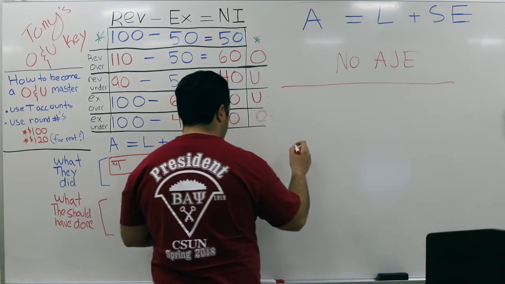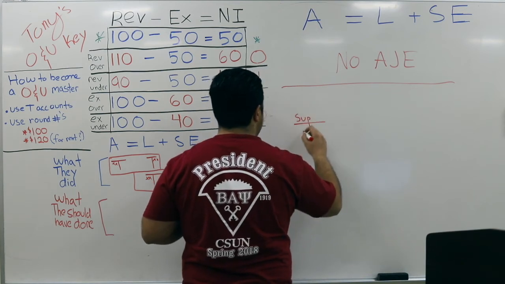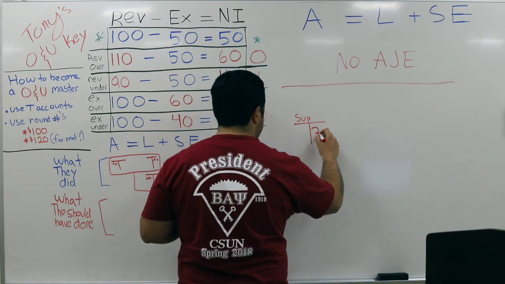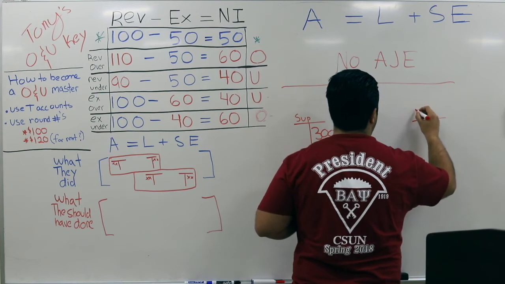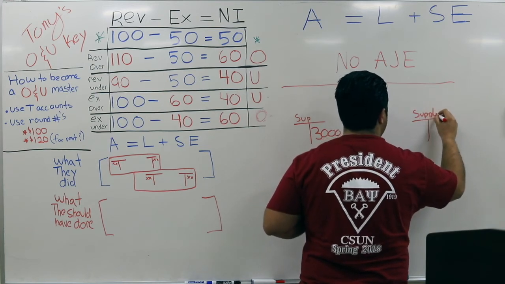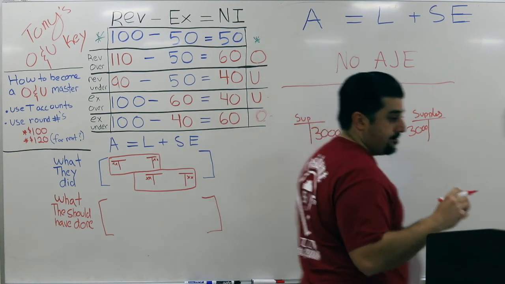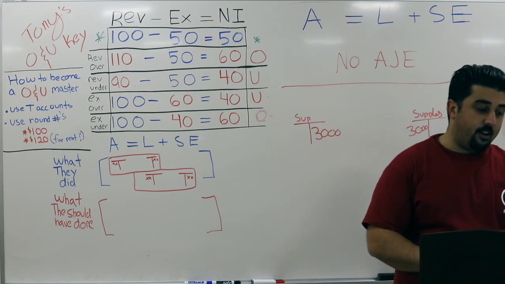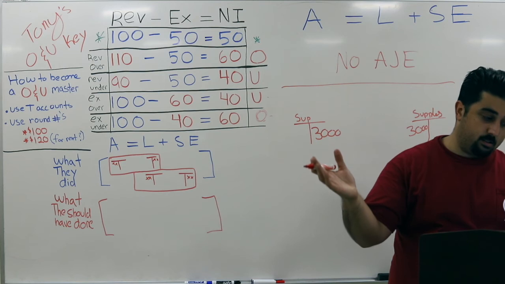So, of 3,000. An expense of 3,000. See, because they had 500 left on hand, but they expensed 3,000.